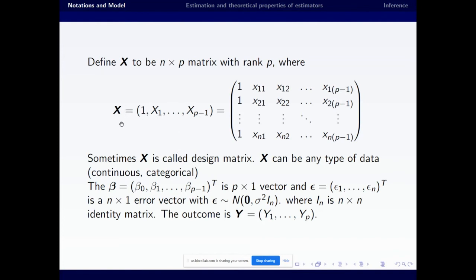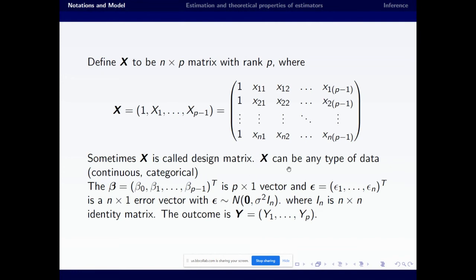You can think of bold X as the matrix of predictors, but if you look at other linear regression books, people sometimes call this bold X the design matrix.